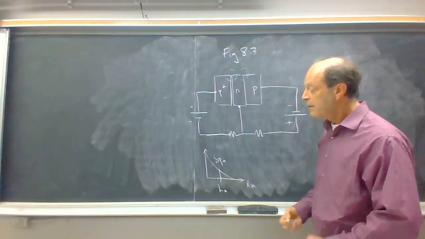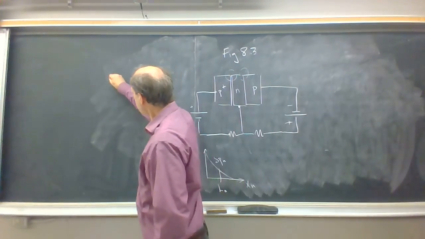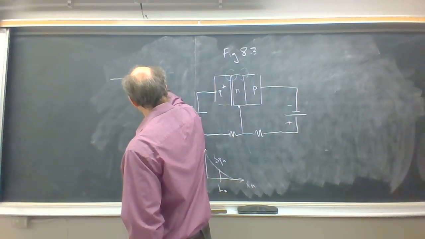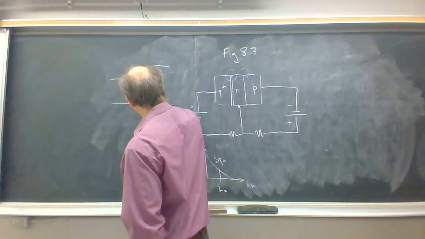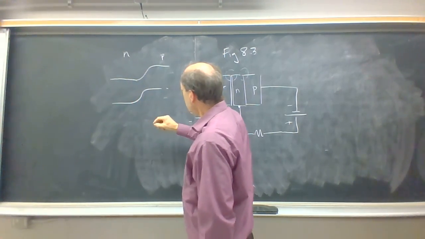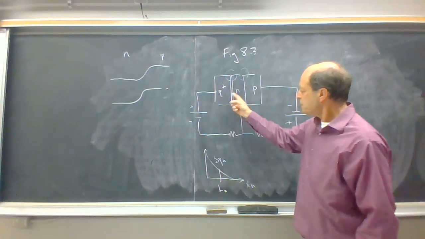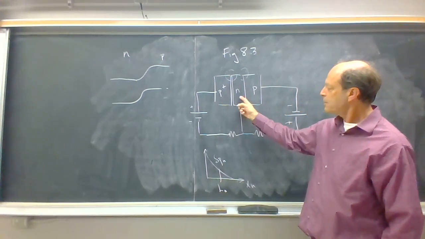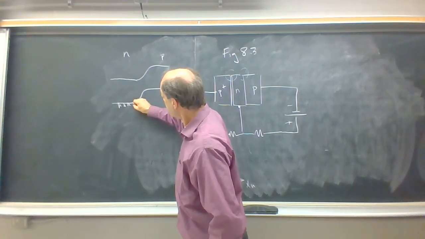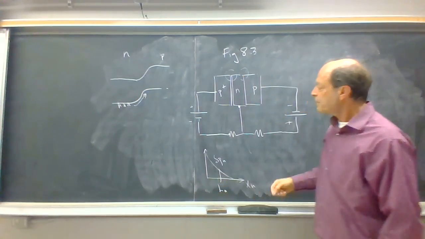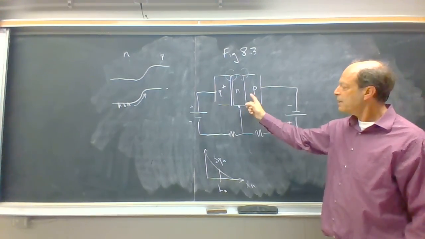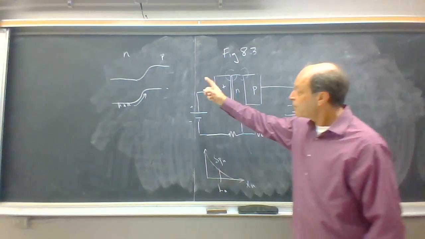And what will happen, if you look at an energy band diagram, is that the holes that we've injected, these excess holes in this N region, will show up here, and they can then drift across due to the electric field in the NP region in reverse bias.